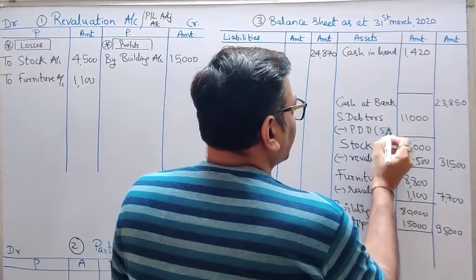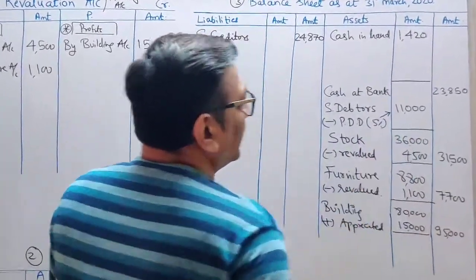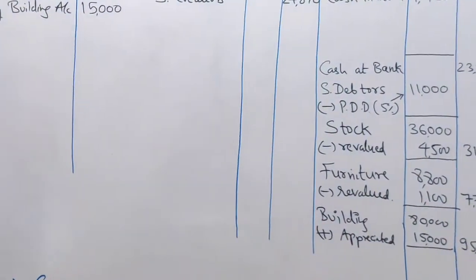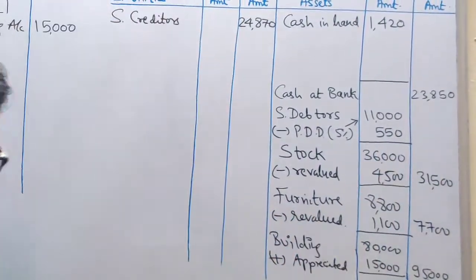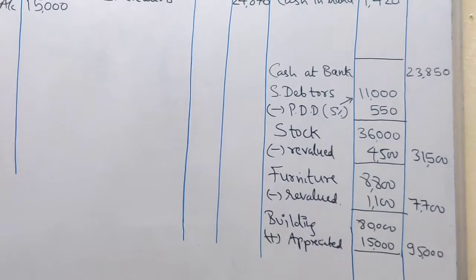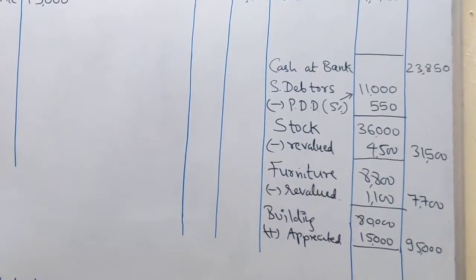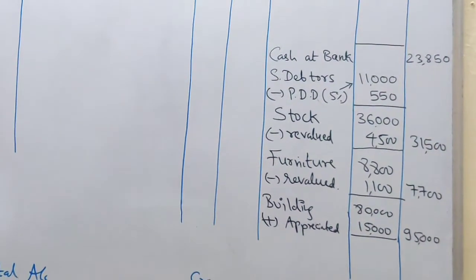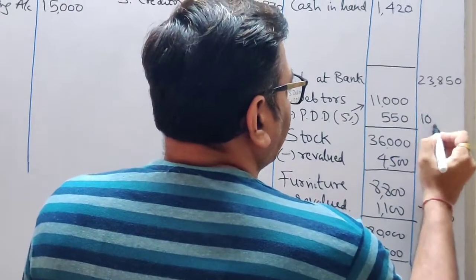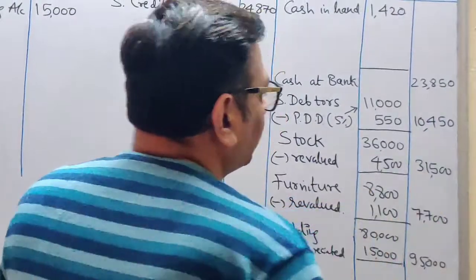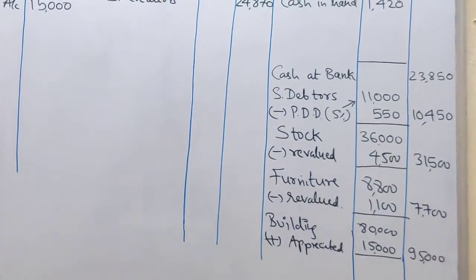So you will calculate this 5% on 11,000. So how much will it be? 550. So now you have to minus this. 5% of 11,000 is 550, and if you minus, you get the answer 10,450.